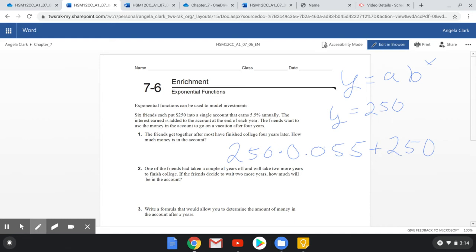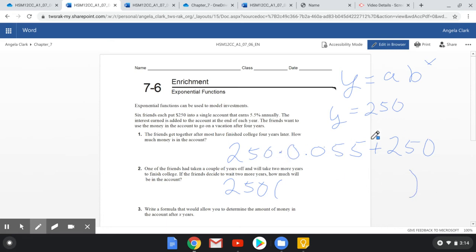To go straight to my new amount, I'm going to factor out the 250. So in other words, I'm going to figure out 250 times what, right? I'm kind of going to undistribute.